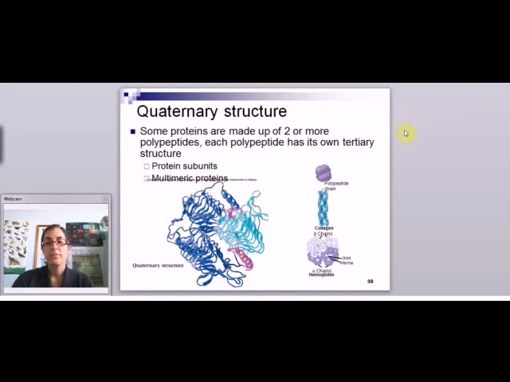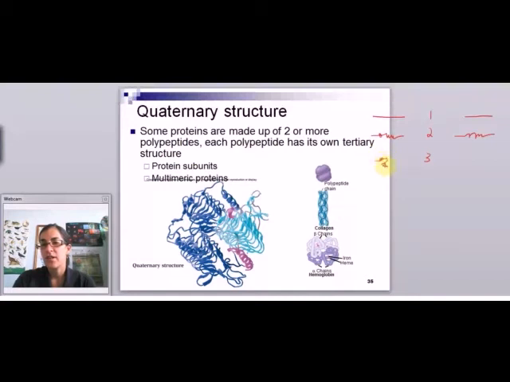Quaternary structure. So again, let me do my little drawing here. It is when I have multiple three-dimensional blobs, if you will, that have to come together. So here's two different proteins going through this process. So primary, secondary, tertiary.